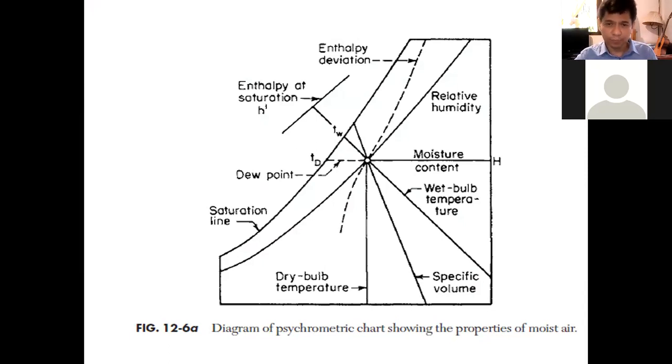So, basically, ilocate nyo lang yung wet bulb temperature right here. Tapos meron yung wet bulb line, yung slanted line. Tapos just locate the dry bulb temperature, the actual temperature of air. Yung intersection ng dalawa will give you the humidity. Ito yung pinakamahalaga dito.